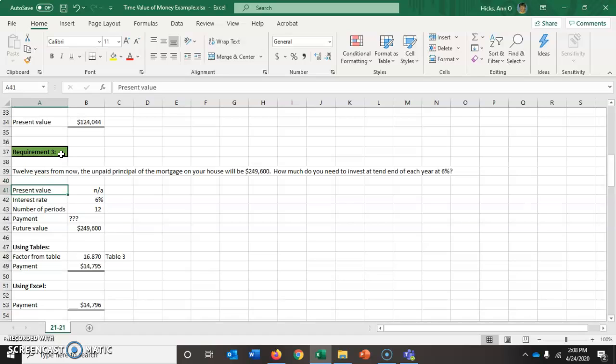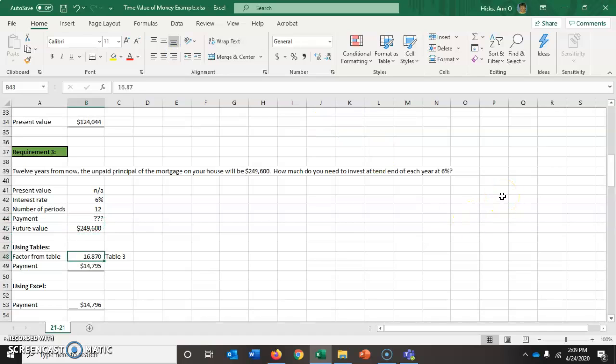We just want to put in an amount at the end of every year for those 12 years to make sure we have enough to pay it off. This is where the payment comes in. Present value isn't an issue here. We need $249,600 in the future, a 6% interest rate, and 12 periods. The issue is how much our payment should be.